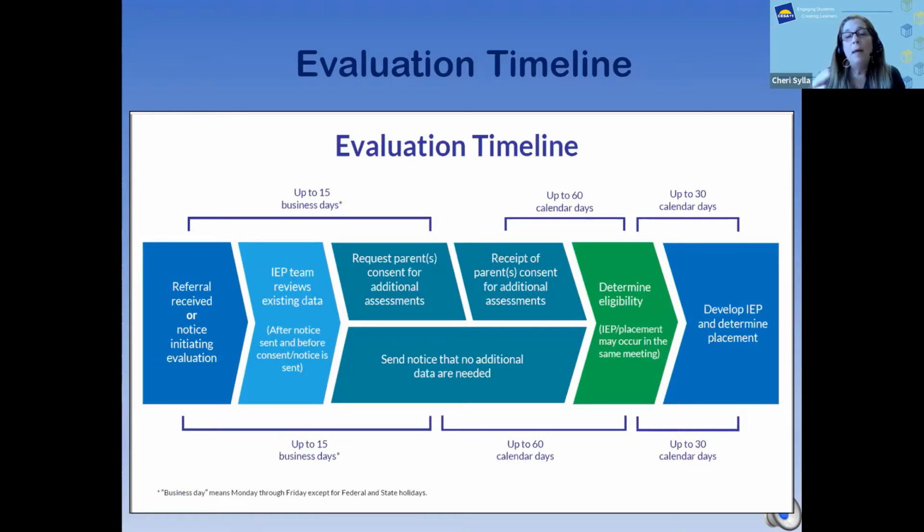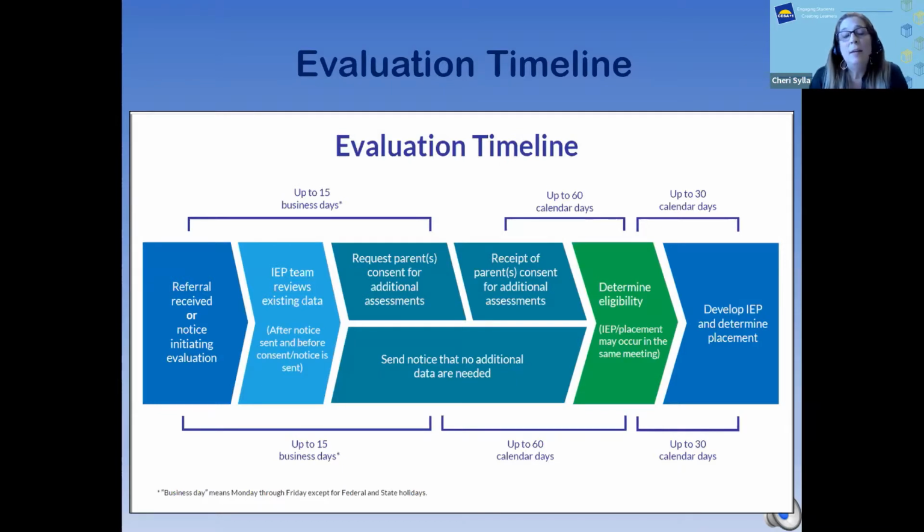So a consent for additional assessments gets sent to a parent that will list out all of the different types of assessments that the school district will do in order to make that determination of whether or not the student is eligible for special education and whether or not they need special education services.